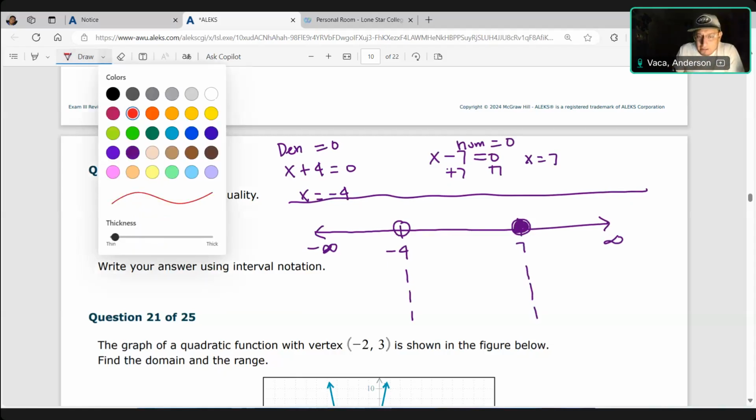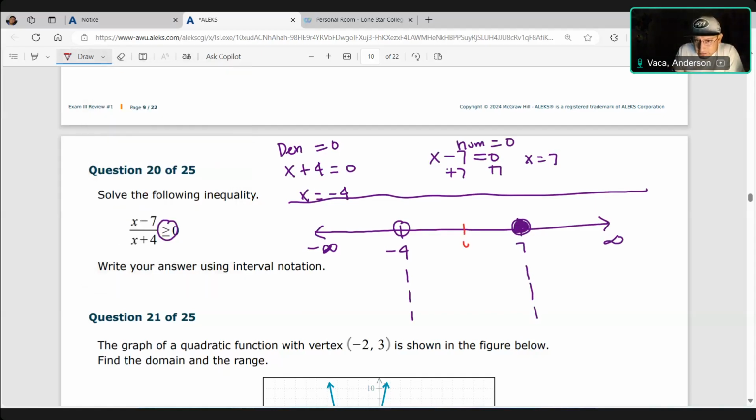I am really interested in what happens in the middle, and I'm going to say that definitely x equals 0 is here. Because if it doesn't work in the middle, that means it's got to work on the outsides. Hopefully you know what I mean by that. So let's see what happens. 0 minus 7 over 0 plus 4 is -7/4, which will be false.